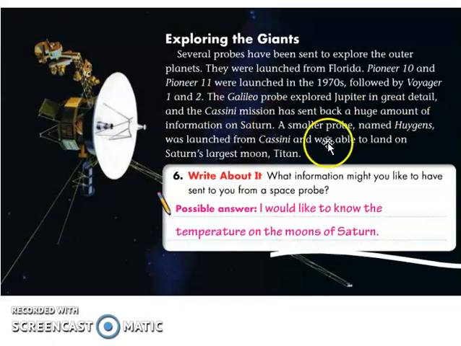Okay, the Galileo probe explored Jupiter in great detail. At the same time, the Cassini mission has sent back a huge amount of information on Saturn. That's why they get a picture of the ring of Saturn. They get the information about what is the content of the ring of Saturn. The smaller probe named Huygens was launched from Cassini and was able to land on Saturn's largest moon.